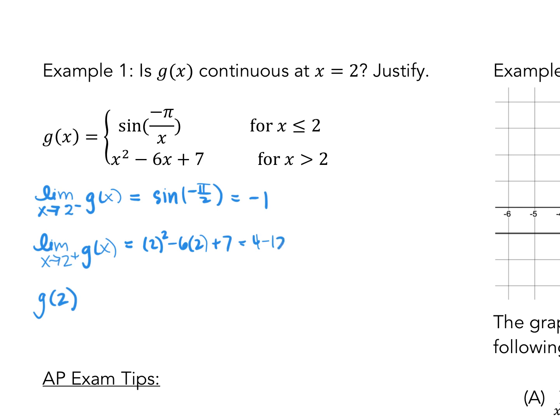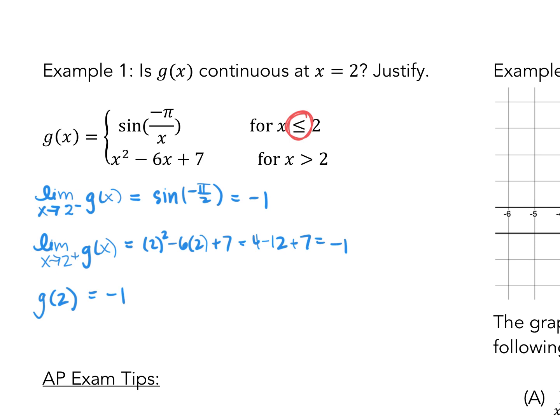So 4 minus 12 plus 7, which is also equal to -1. And because of the inequality here, because I have the less than or equal to, I have the fact that g of 2 is indeed equal to -1 because it is equal to. That bar will include it.